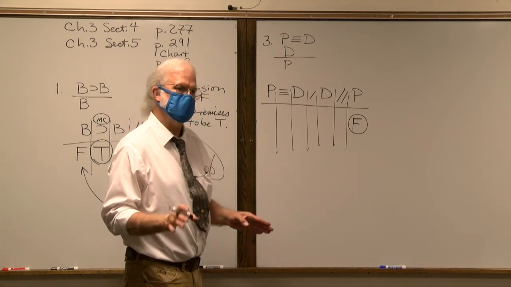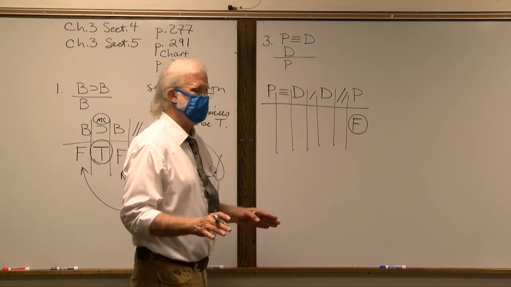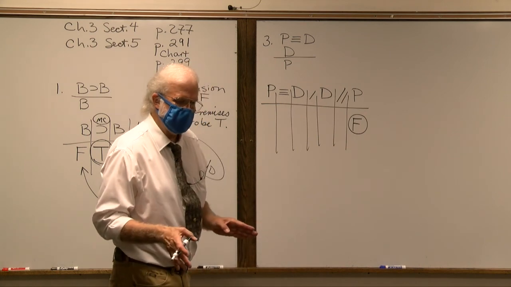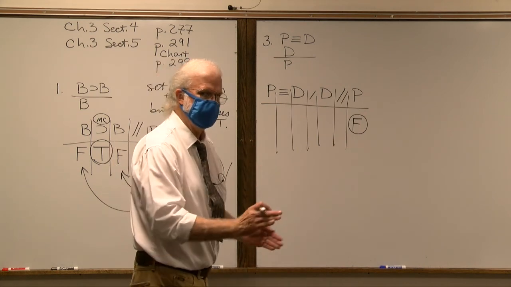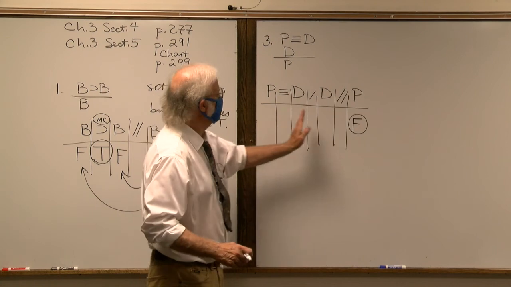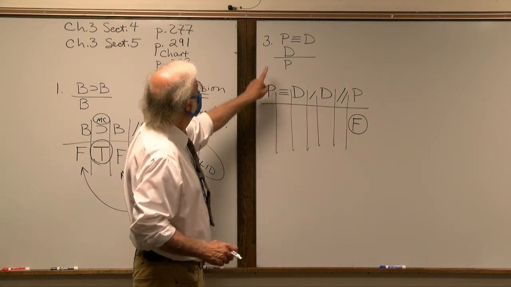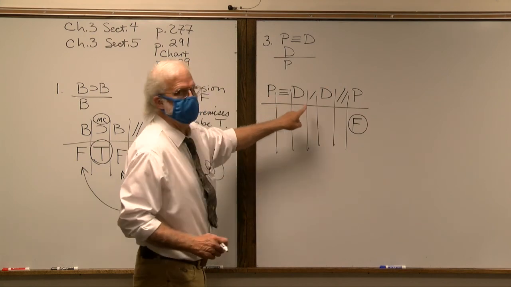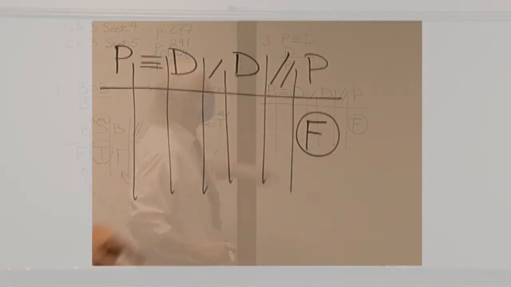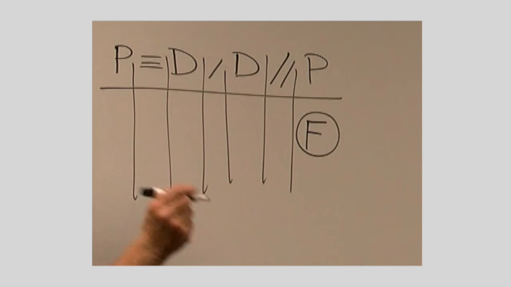But what I, in general, tell students is the most natural way to do this, since we read from left to right, is to go from left to right, go to the first premise. Here's the first premise, P if and only if D. We want that premise to be true.